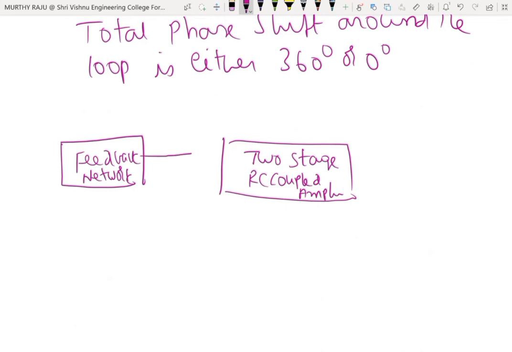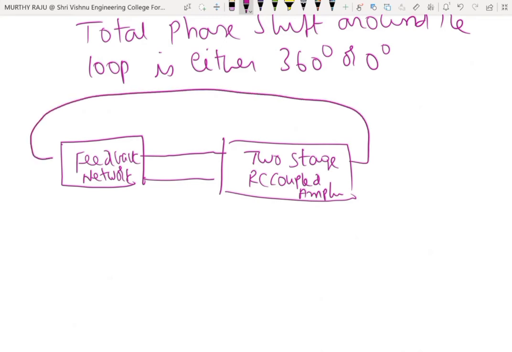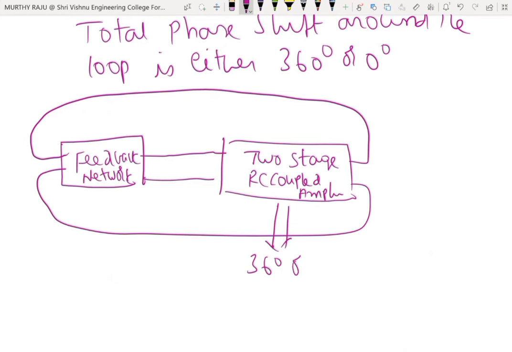The output of the feedback network is connected to the input of the two-stage RC coupled amplifier. The output of this two-stage amplifier is connected to the input of the feedback network like that. Here, the two-stage RC coupled amplifier introduces 360 degrees or 0 degrees phase shift.